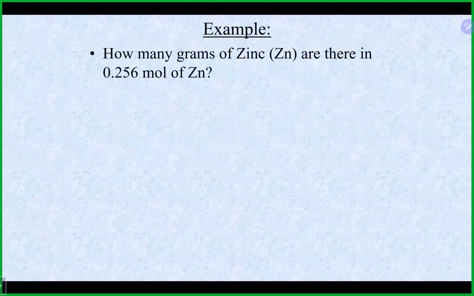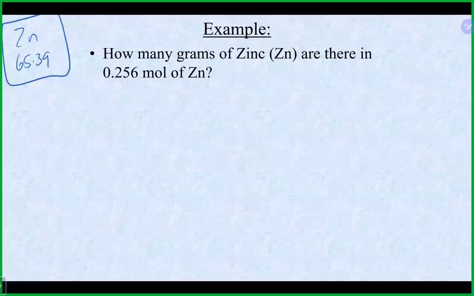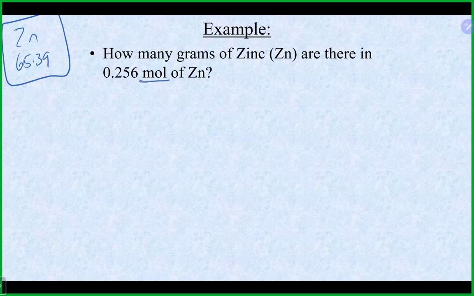All right, let's try a few more here. Zinc. How many grams of zinc are there in 0.256 moles? Okay, so in this case, we're looking for grams and we have moles. So once again here, we do not need Avogadro's number as there's no mention of atoms or molecules. Remember when we see the mol here, it is moles and not molecules.